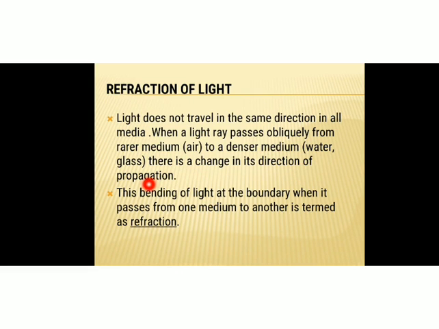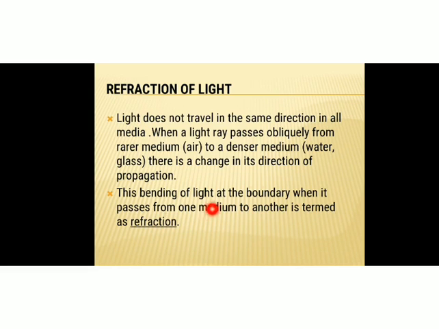So let it be any medium. Whenever the light travels from one medium to another medium, there will be a change in its direction of propagation. That means the light ray will bend. A light ray cannot follow its same straight line path when it moves from one medium to another medium. This bending of light at the boundary between two media, when it passes from one medium to another, is termed as refraction.